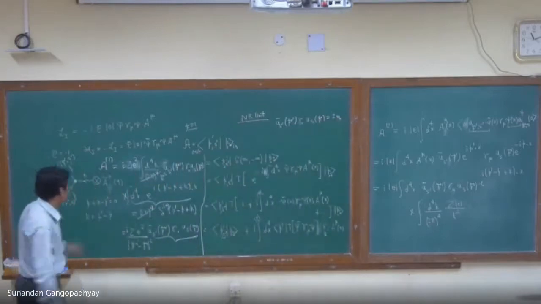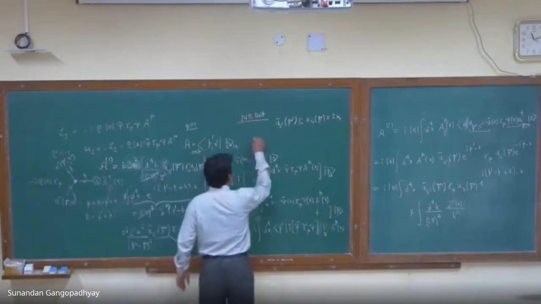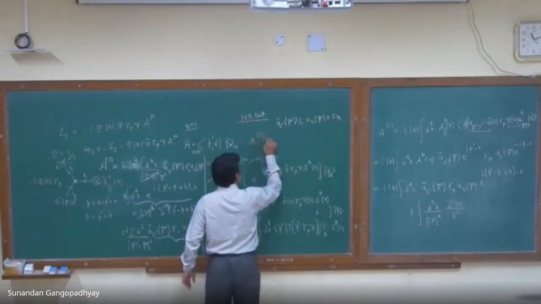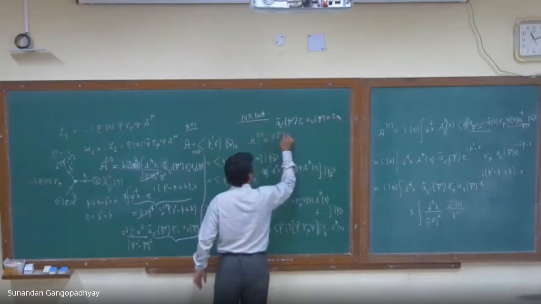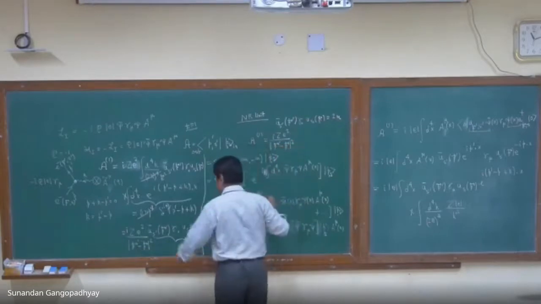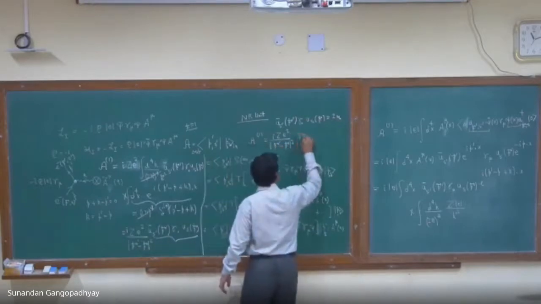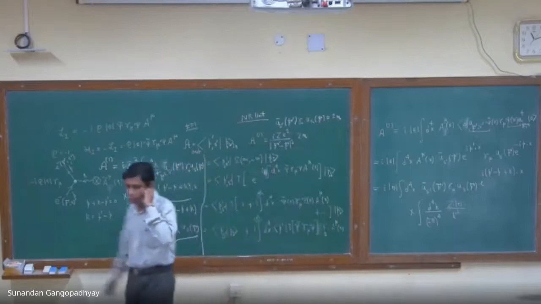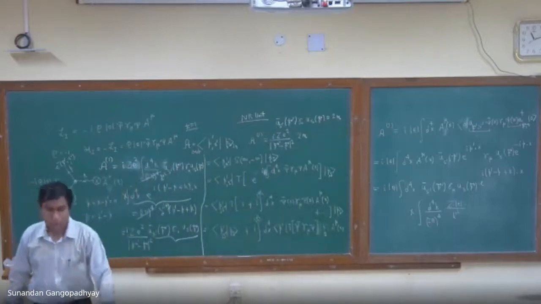Therefore, this would imply that A1 is nothing but i Z e square by mod of p prime minus p square times twice m. So this is the result of the scattering amplitude at the tree level.